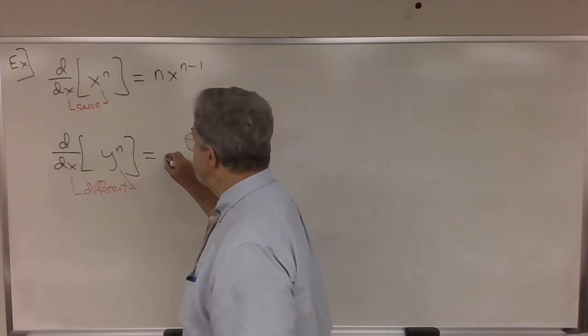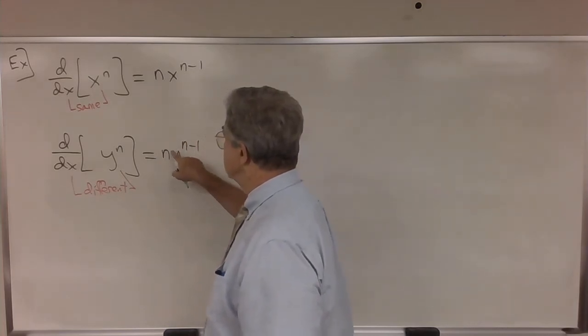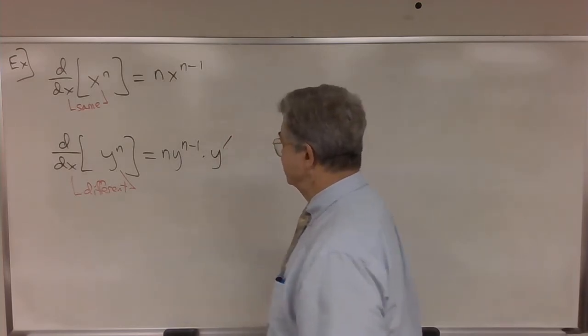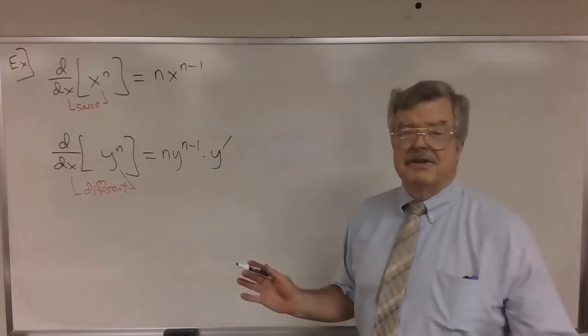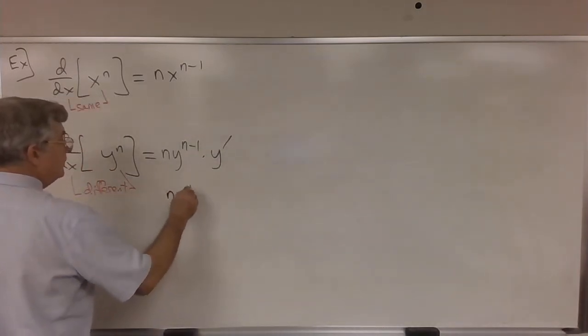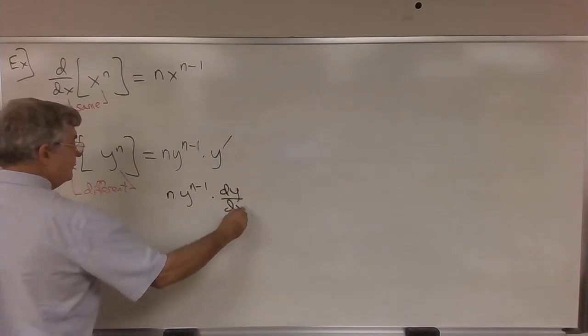So power rule as usual, times the derivative of the inner function. Or if we like the dy/dx notation, power rule as usual times dy/dx, the derivative of the inner function.